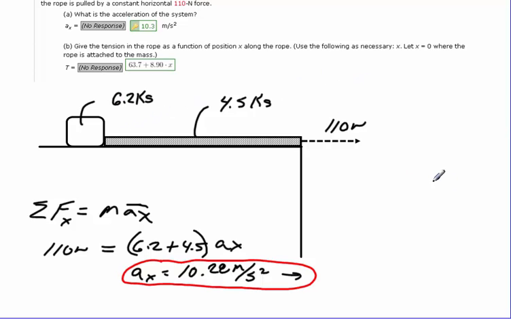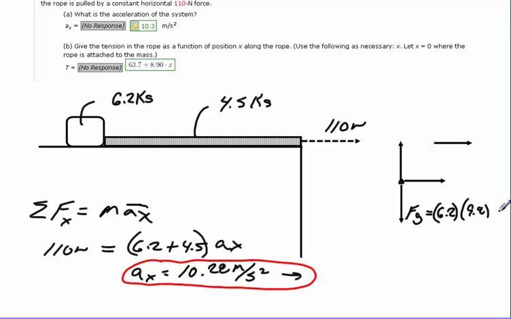If I drew a free body diagram of the 6.2 kilogram mass, I'd have 6.2 coming down times 9.8. This will be the force of gravity, which equals 6.2 kilograms times 9.8.